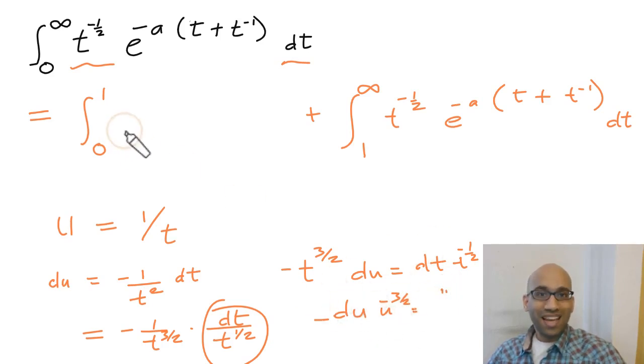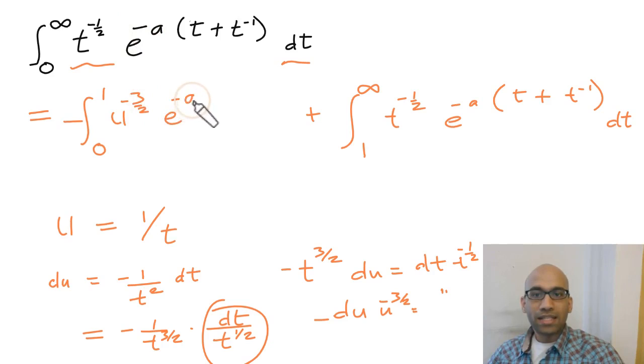Now let's plug this inside over here. We've got a negative sign, then we've got u to the power minus 3 divided by 2, e to the power minus a. Note here the t will become a 1 divided by u, so you write it as u minus 1, and this t inverse will become a u just because you're using this substitution.